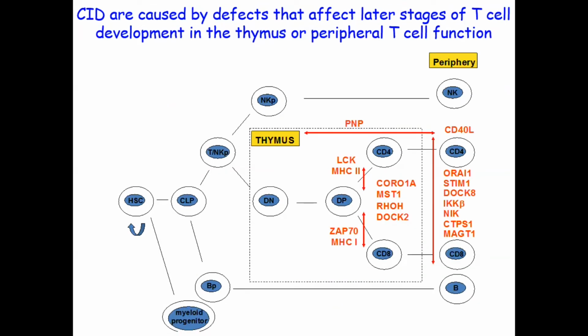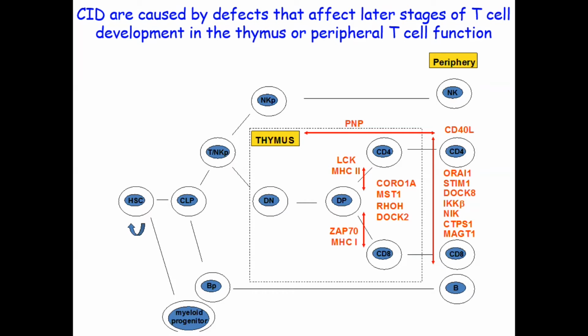By contrast, combined immunodeficiencies include a group of genetic disorders that affect later stages in T cell development. So you are in fact able to make most of these cells, but you're impaired in the production and or function of the most mature type of thymocytes and peripheral blood T cells.